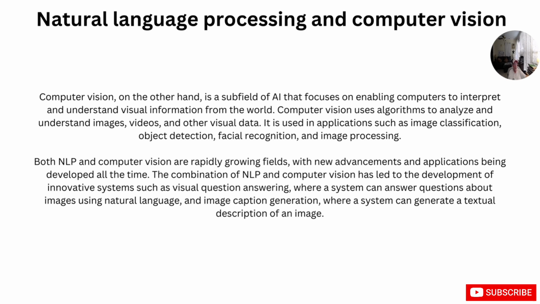Both NLP and computer vision are rapidly growing fields, with new advancements and applications being developed all the time. The combination of NLP and computer vision has led to the development of innovative systems such as visual question answering, where a system can answer questions about images using natural language, and image caption generation, where a system can generate a textual description of an image.